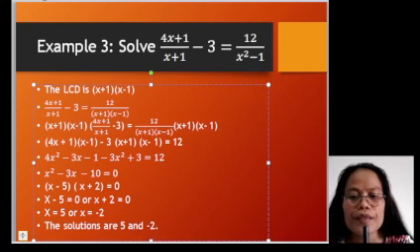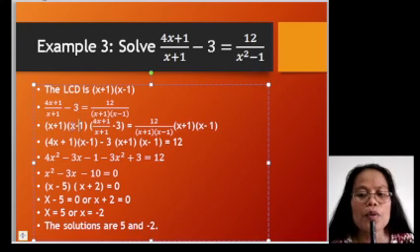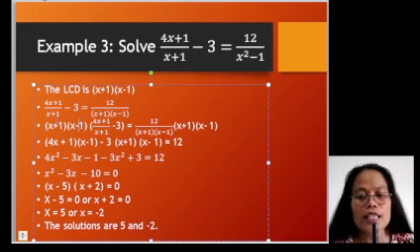So we have here, why does it become 4x plus 1 now? Because the denominator of 4x plus 1 is x plus 1. And we will cancel out to make it easy. We will apply cancellation. We will cancel out the x plus 1 here. And the remaining factor of the LCD is already x minus 1. So we multiply x plus 1 times x minus 1.